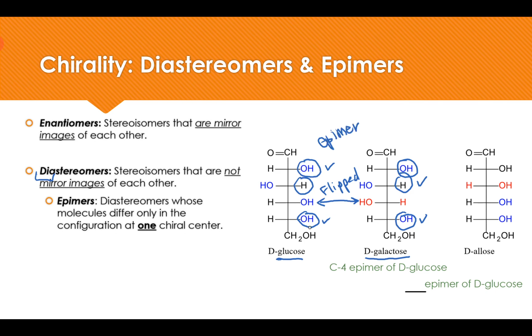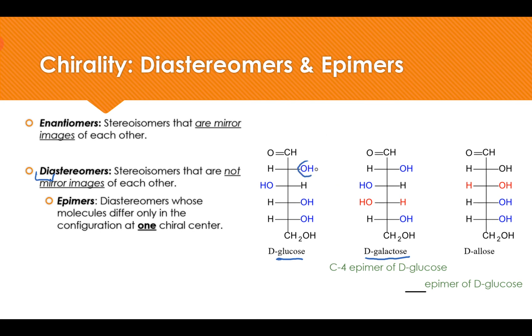Which number epimer are they? That's 1, 2, 3, 4. So galactose is the C4 epimer of D-glucose. Go ahead and try to fill this in. Allose is the blank epimer of D-glucose. Let's find out together.